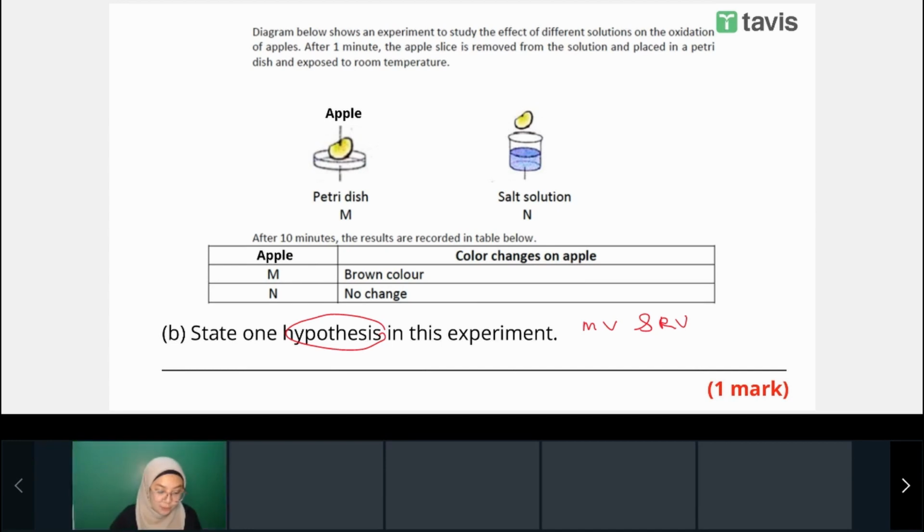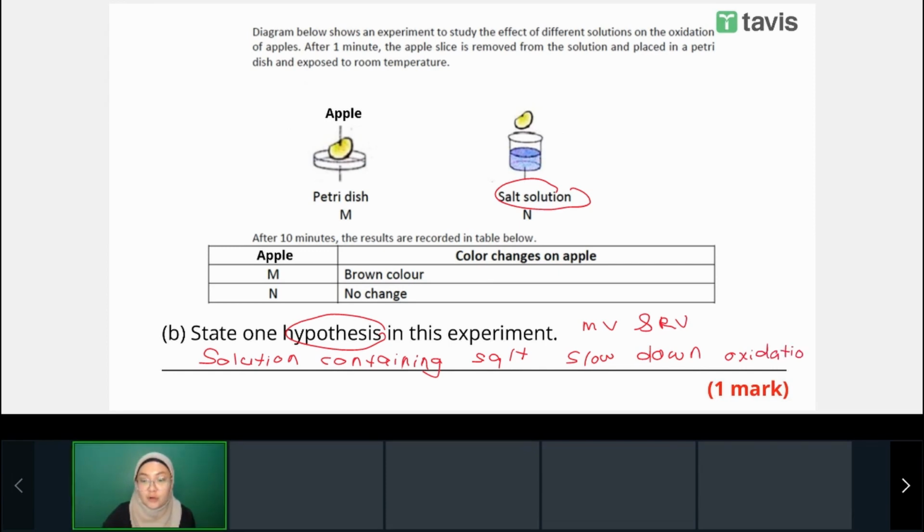So you can write that the salt solution prevents the oxidation process, or the solution containing salt slows down the oxidation process.